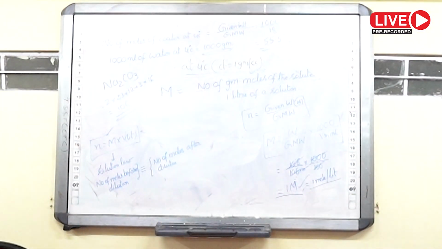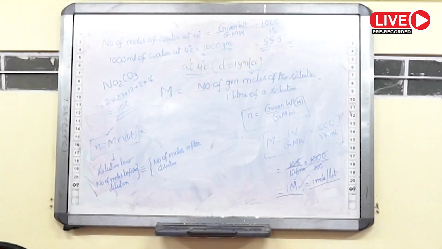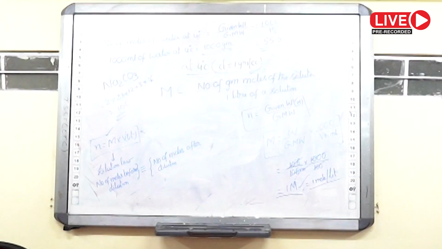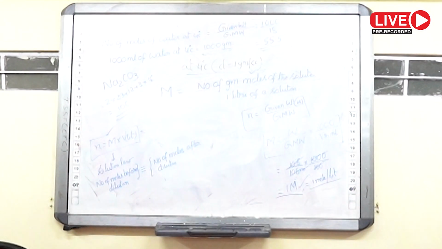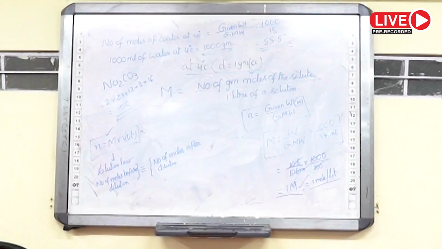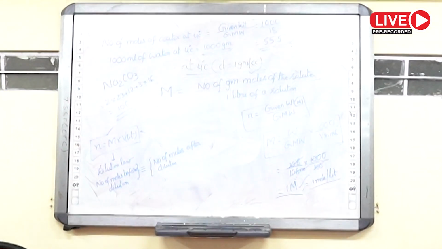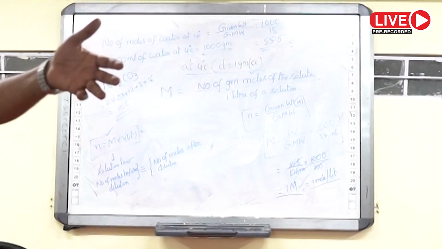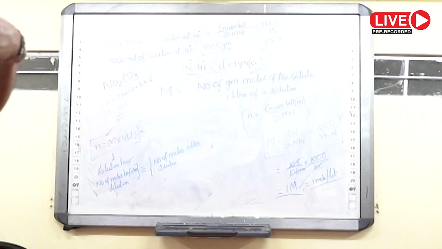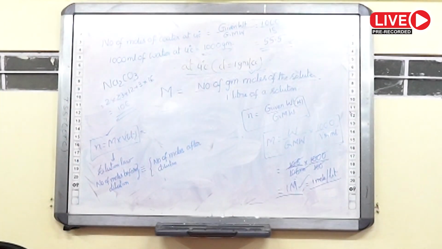Suppose you have, please listen, 1 mole in 1 liter. Now we added 10 liters to that. Still it is diluted, but mole is 1 mole only. So before dilution, 1 mole in 1 liter. After dilution, 1 mole in 10 plus 1, total 11 liters, whatever it is.